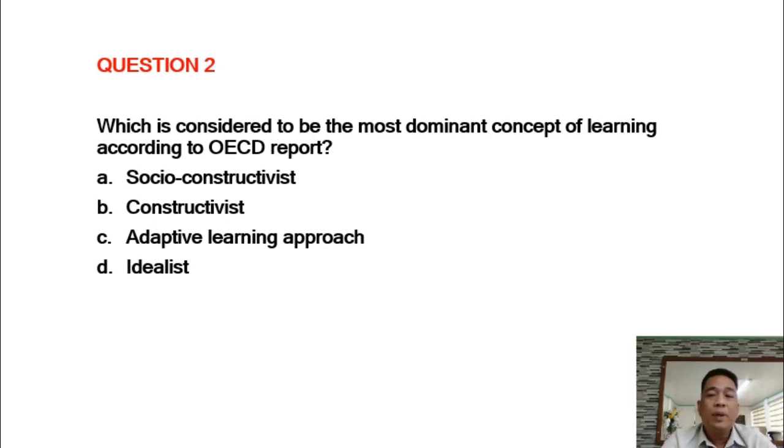But that is something to do with the collaboration ng iba't ibang mga bansa pagdating dito sa education, technological innovation that is embedded in the educational system. So which is considered to be the most dominant concept of learning? A, social constructivist, B, constructivist, C, adaptive learning approach, or D, idealist.